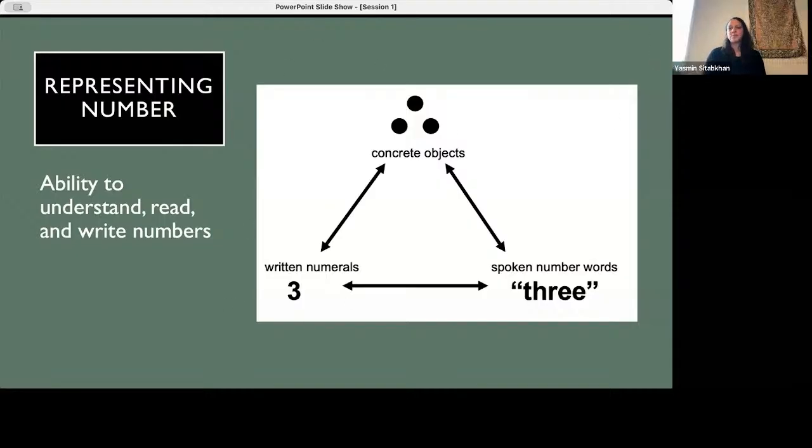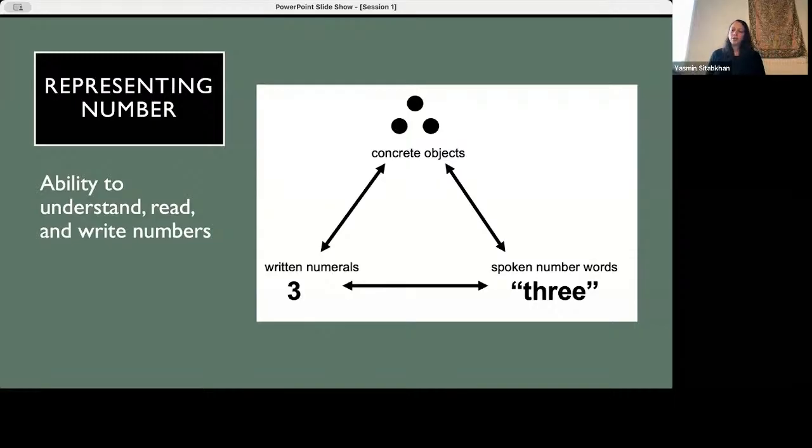So again, what's really important with representing number is that we build these relationships between the numbers. Sometimes you see in classrooms that teachers ask students to write the numbers 1, 2, 3, 4, 5, 6, 7, 8, 9, 10, and that's the whole lesson.